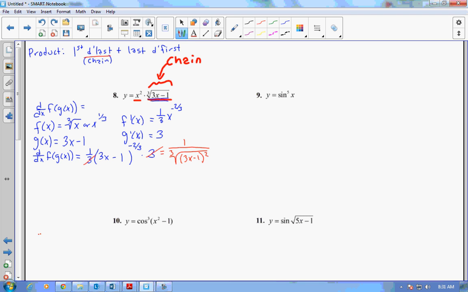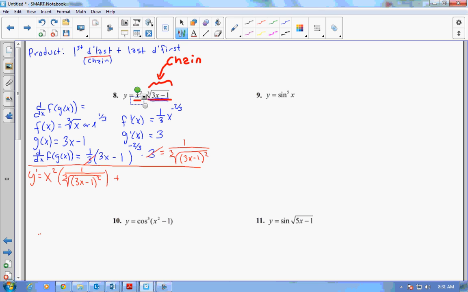So now we do product rule. Oh my goodness, yep. First, what was the first? X squared. So we're looking for y prime now, so I'll put y prime. D last, we found D last. It's 1 over cube root 3x minus 1 squared.